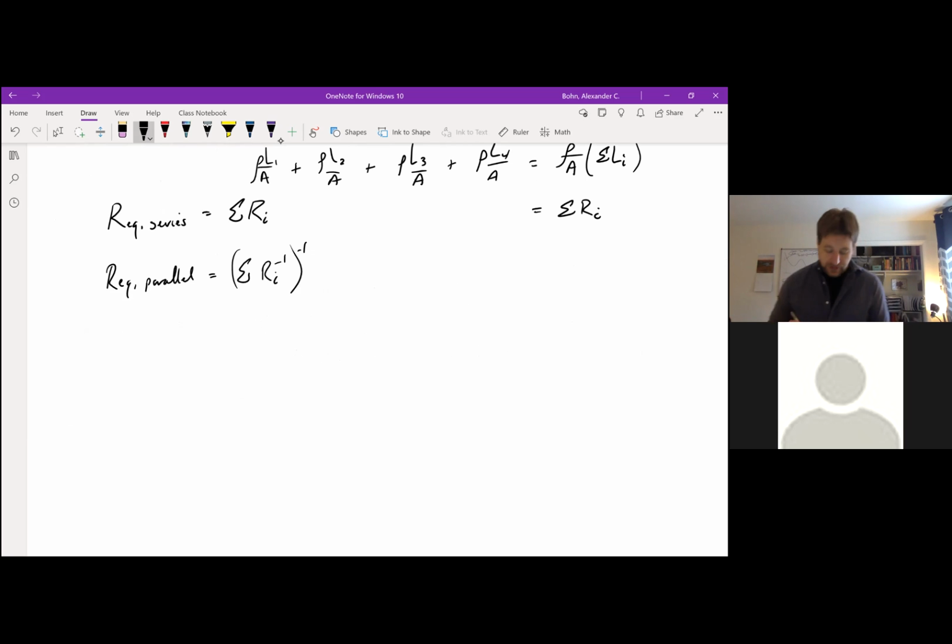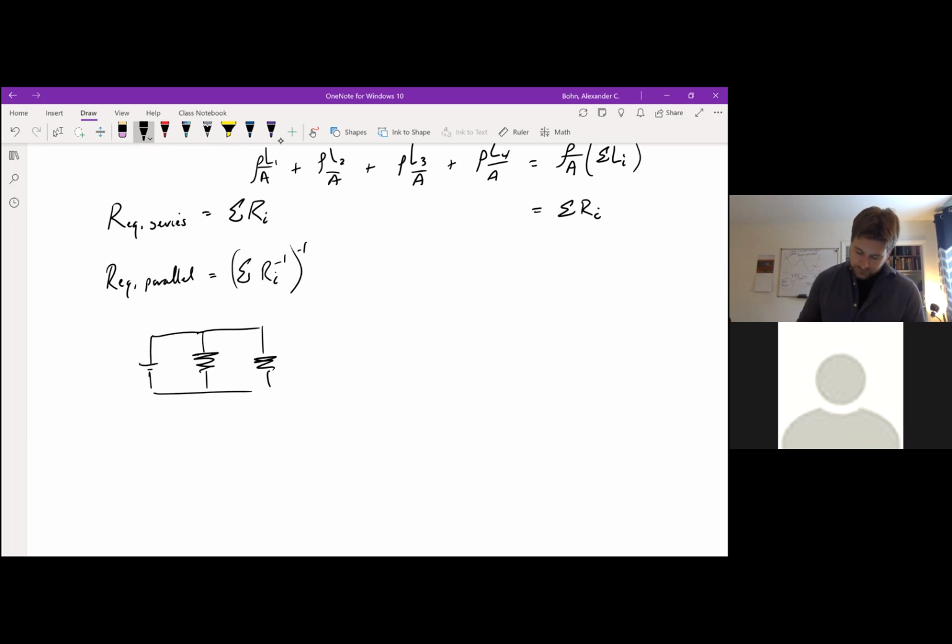How can we prove that though? Let's consider, let's say it's an ideal battery with some EMF. And this is resistor 1, and this is resistor 2.